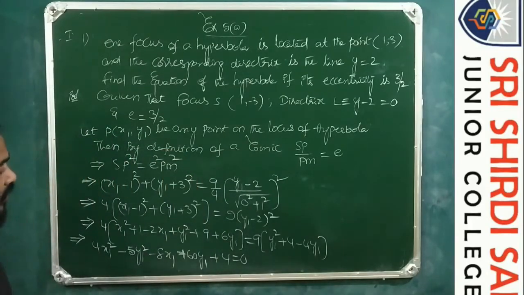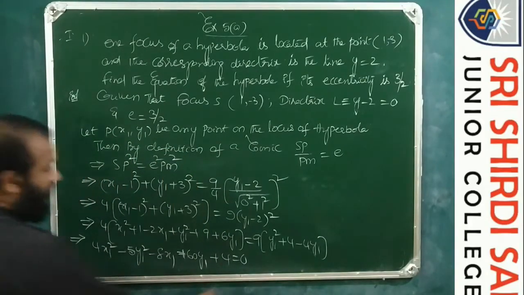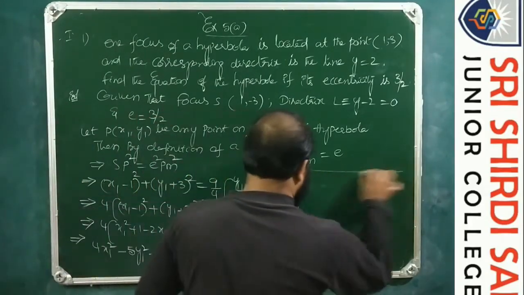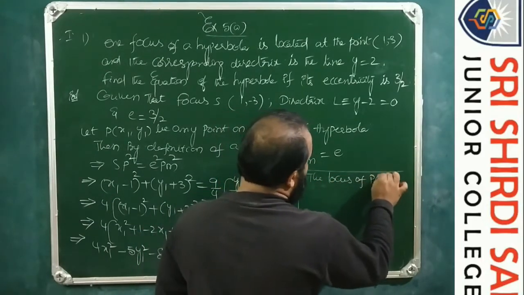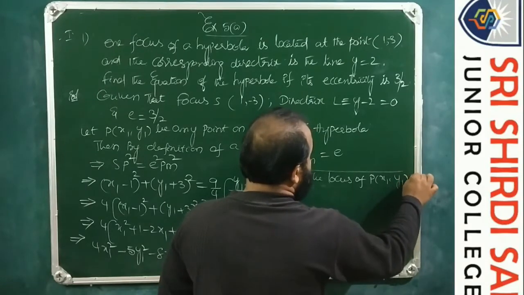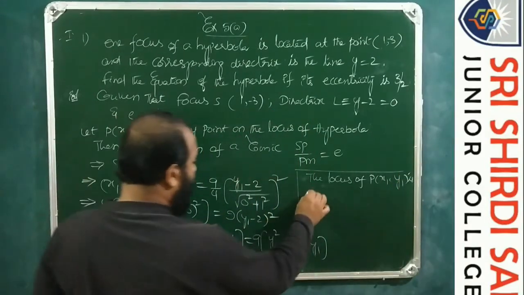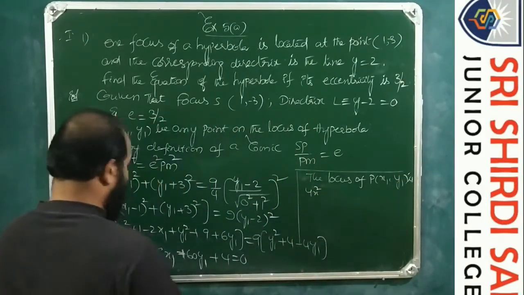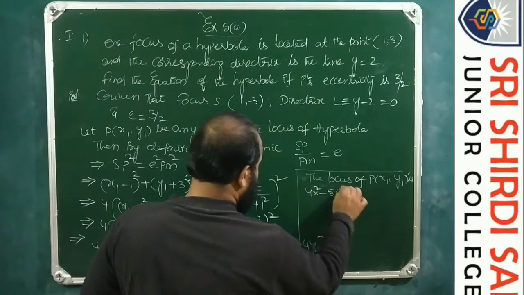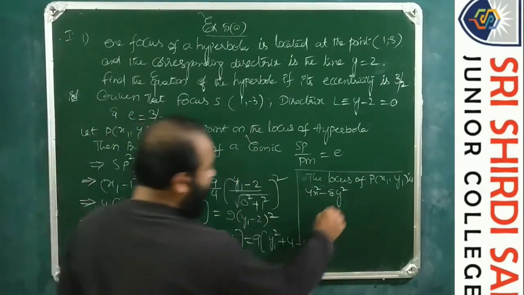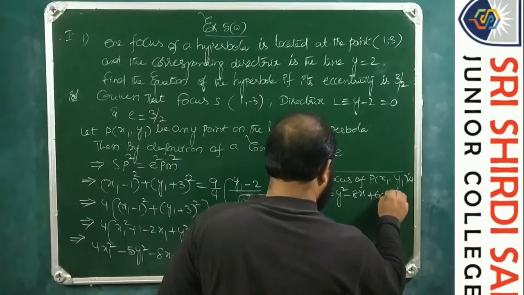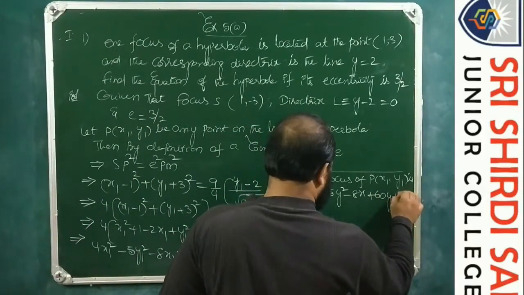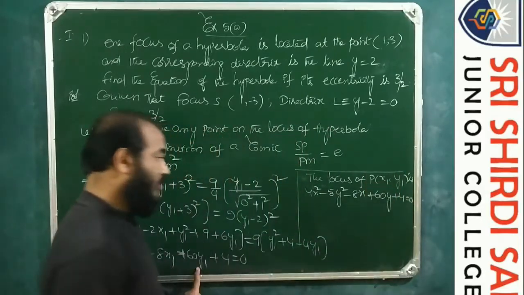So therefore the locus of P(x1, y1) is 4x square minus 5y square minus 8x plus 60y plus 4 equals 0.